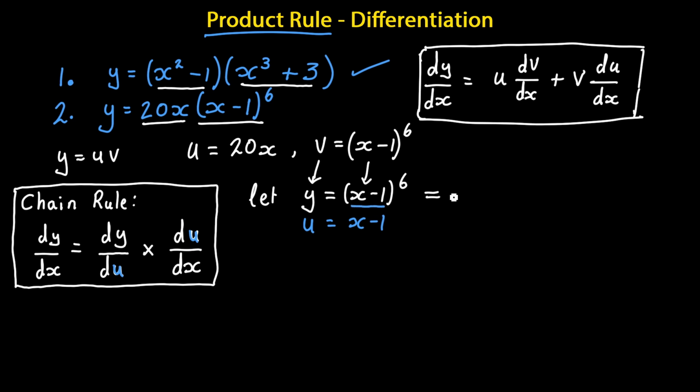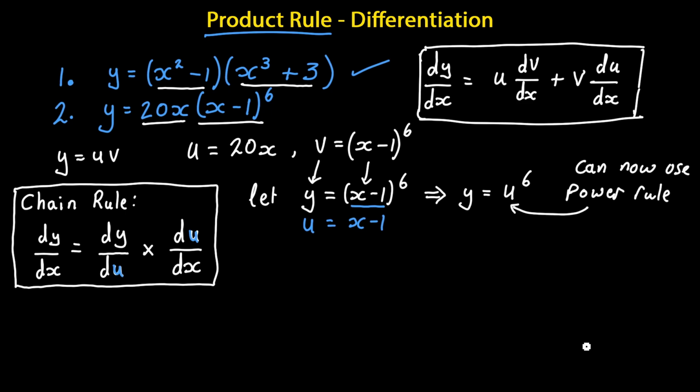So we've got y is equal to u to the power of 6. So we can use the power rule directly to find the derivative of u to the power of 6. So dy over du is equal to 6u to the power of 5. Now we need to find the derivative of u equals x minus 1. Now this is simply 1.